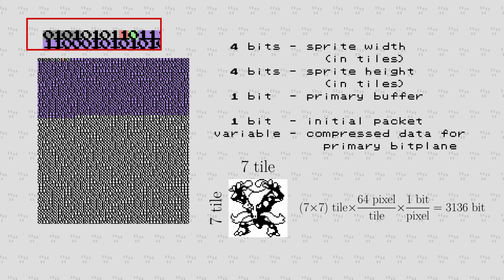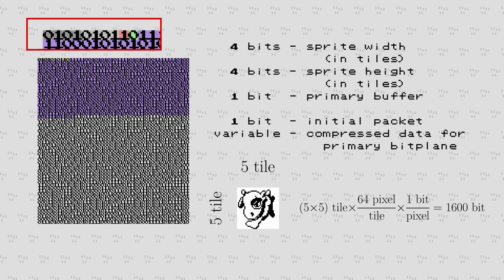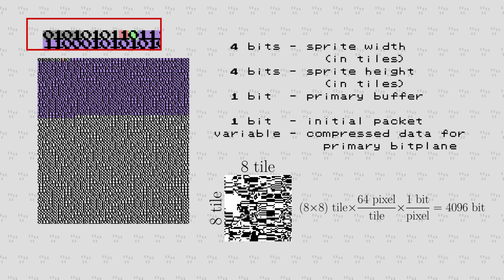Once 3136 bits were written to the buffer, the algorithm would stop and move on. A 5 by 5 sprite would write 1600 bits to the buffer before terminating. This is why sprites larger than 7 by 7 would cause overflow issues. An 8 by 8 sprite would write 4096 bits, which exceeds the 3136 bit limit.